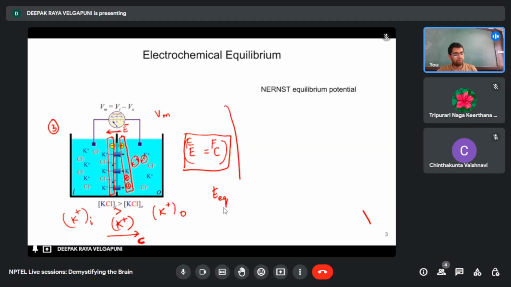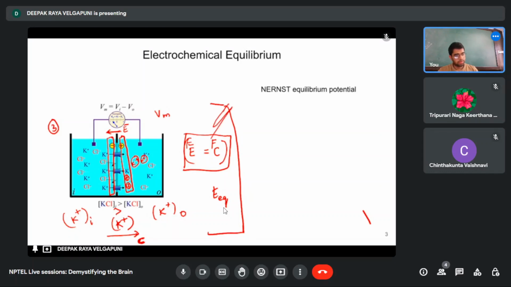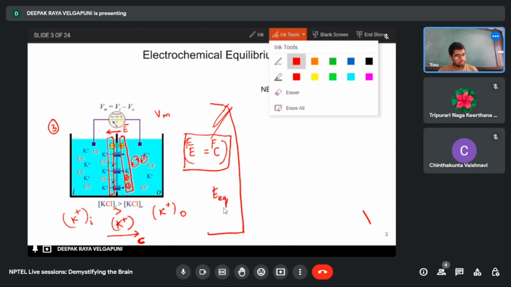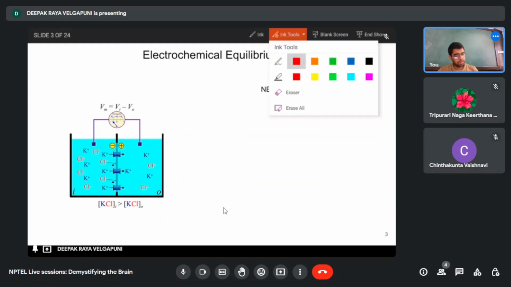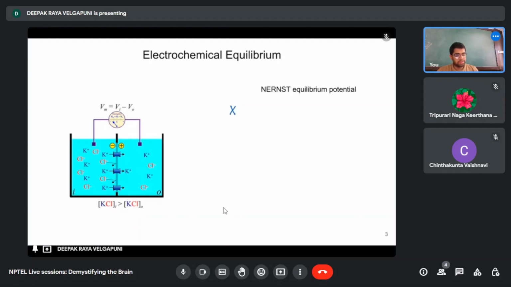Now let's see how we can give a quantitative treatment of this. Let's take any given chemical species X at some particular location.